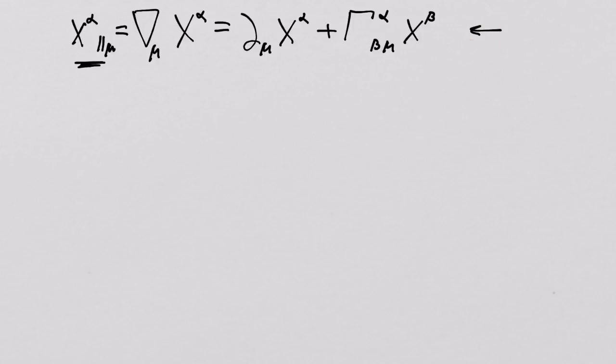But as I said a moment ago, this is a 1-1 tensor, so there's no reason why, hanging out in the wings, you can't have partial alpha tensor product dx mu, right? You can certainly have that.